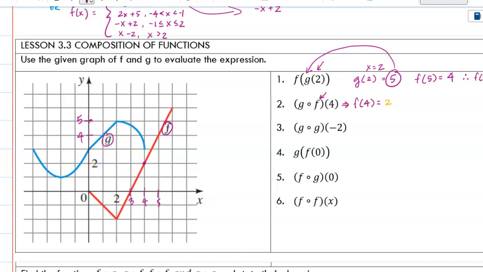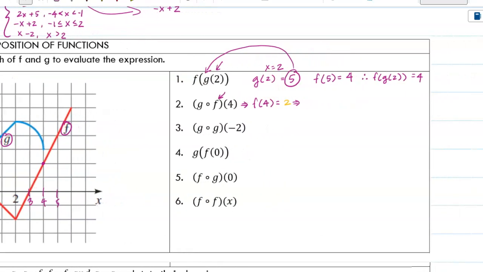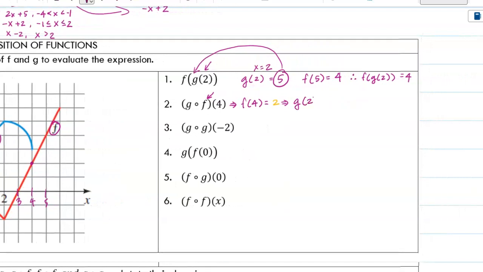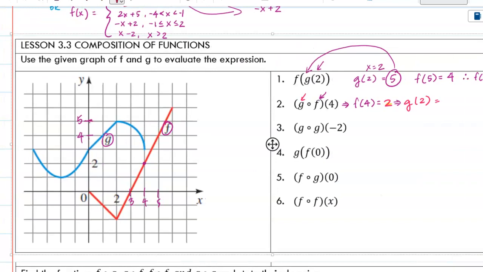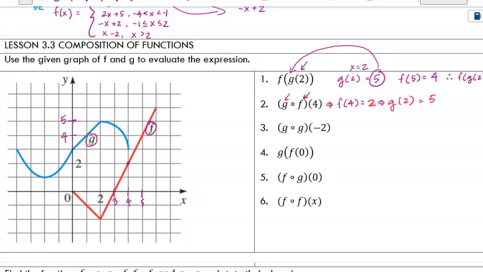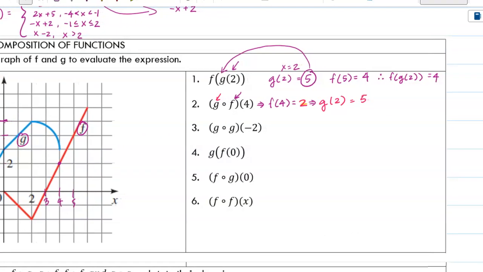That implies that I'm going to put the 2, let's put it in different colors, into g. When I put the input of 2 into g, that's going to give me a 5. So therefore, g of f of 4 equals 5.